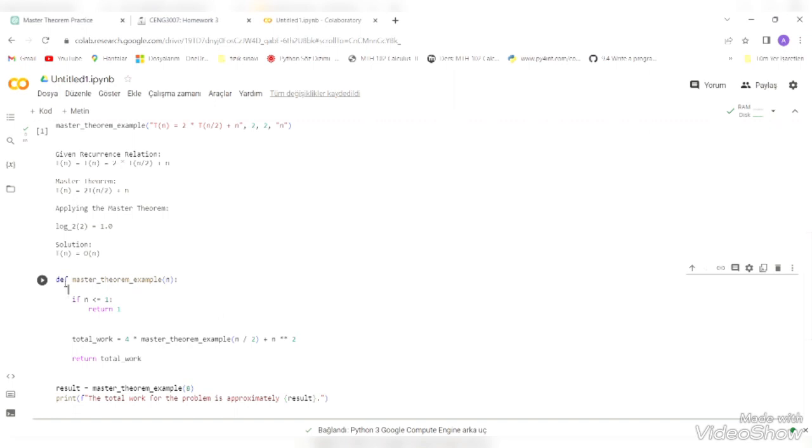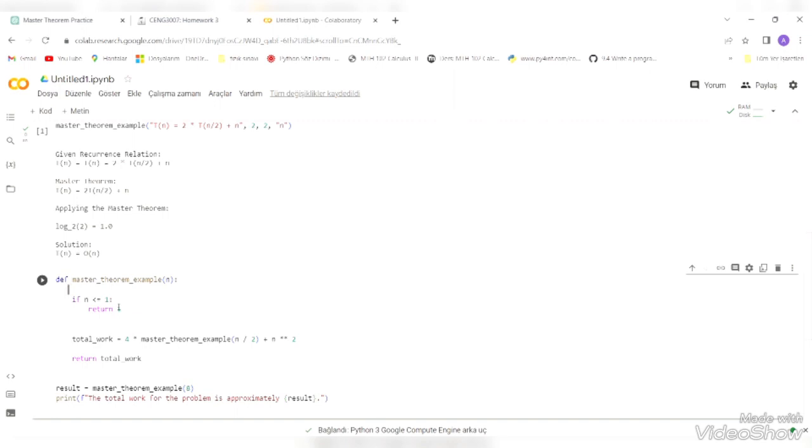Yes, you see it, def master theorem example of n. If the problem size n is 1 or less, we assume the work is constant and return 1. For larger problem sizes, we perform 4 recursive calls on subproblems of size n divided by 2 and add the extra n squared work.